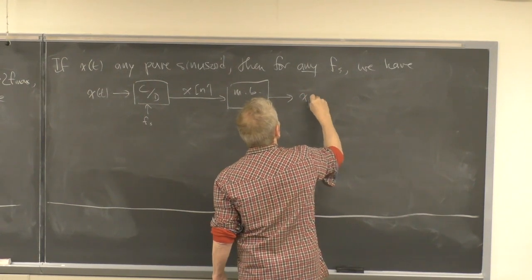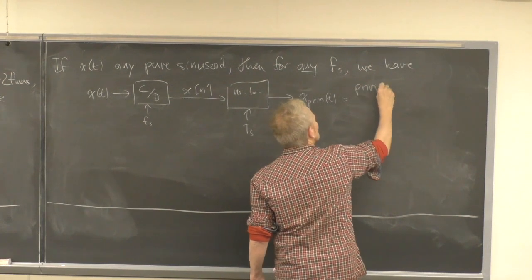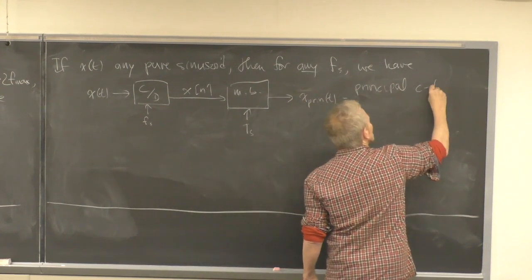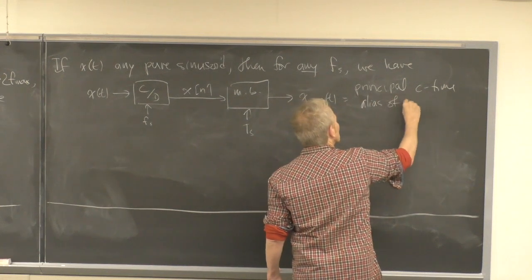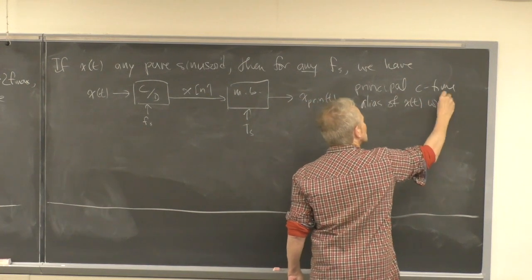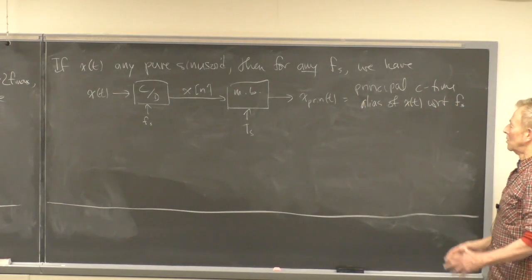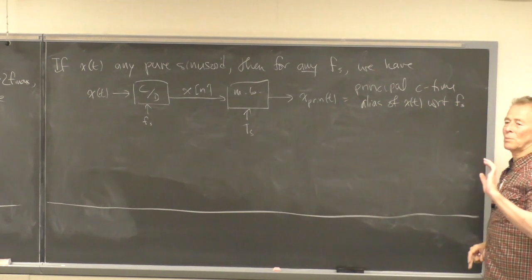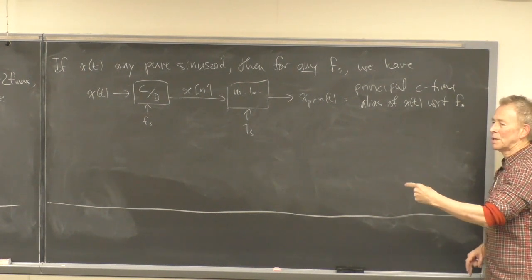So x_principal(t). Even if the conditions of the theorem aren't satisfied, we know how this sampling and interpolation system operates, at least on pure sinusoids.